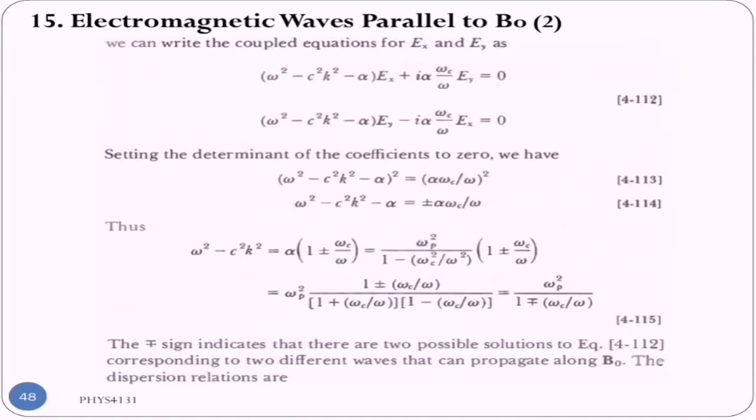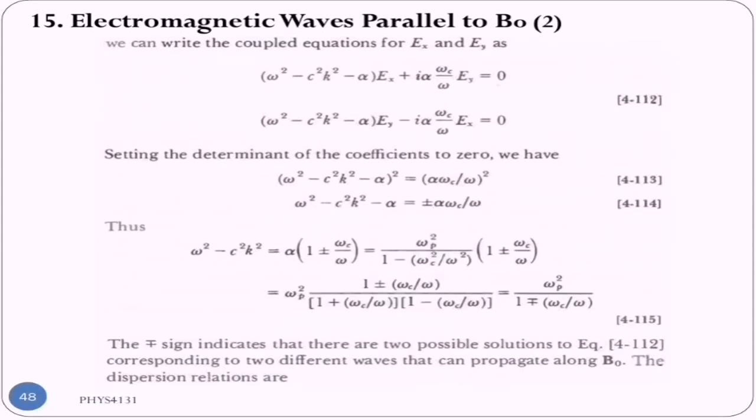We can rewrite this expression, and rearranging we get omega_p squared over (1 minus plus omega_c over omega). The minus plus sign indicates that there are two possible solutions, corresponding to two different waves that can propagate along B naught.